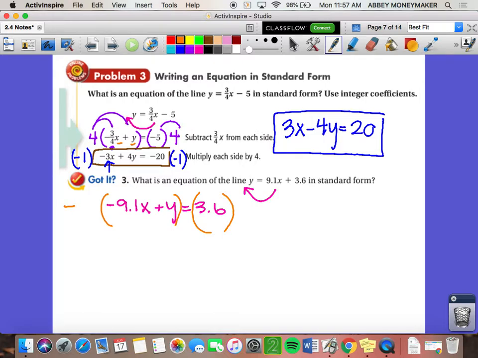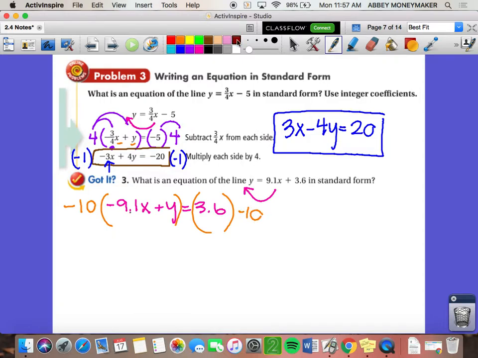But what is going to make that decimal go away? How can I make 9.1 turn into an actual integer number that doesn't have a decimal anymore? I can multiply both sides by negative 10.